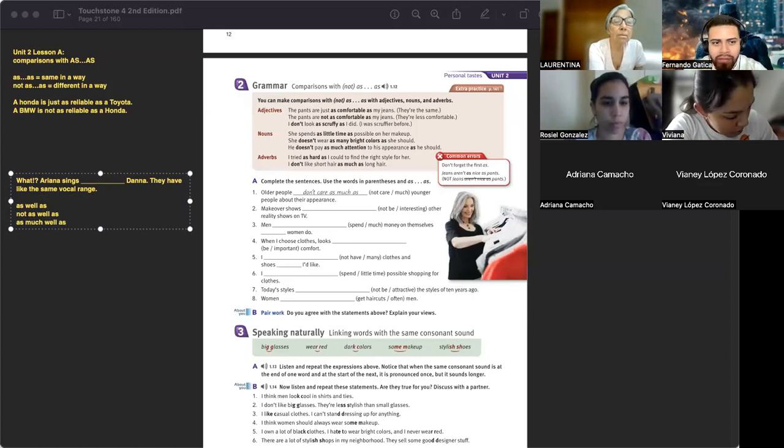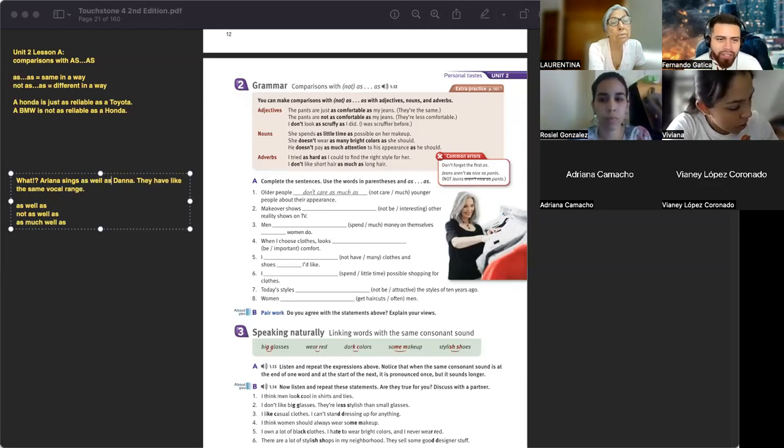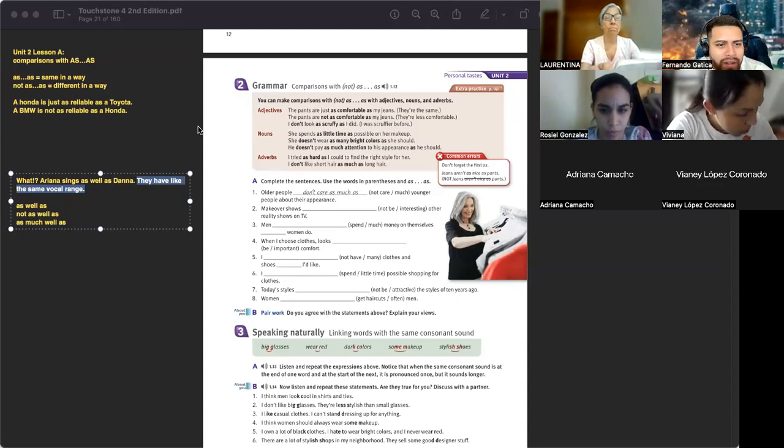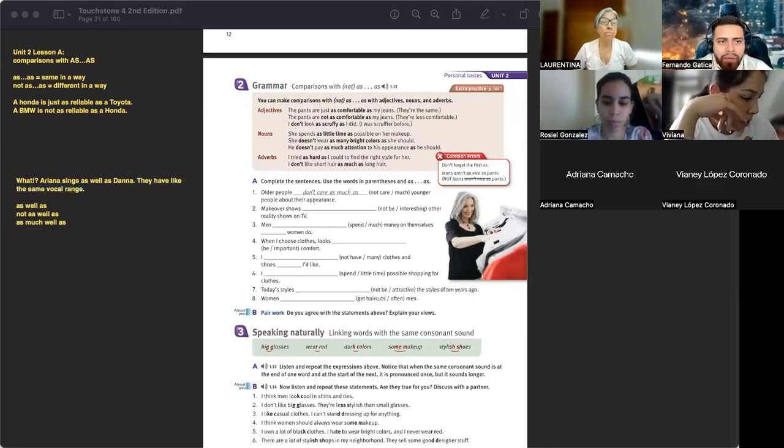Not as well as? But they have like the same vocal range. Oh, got it. As well as. As well as, yes. Of course, without this context, it could have been the other one, but with the context, it is the same. So, yes. What Ariana sees as well as Donna, they had like the same vocal range. It's the same. Yep. Okay, cool. Any questions with this? As and as is easy, no? Yeah. Okay. There's only going to be one question with as and as.